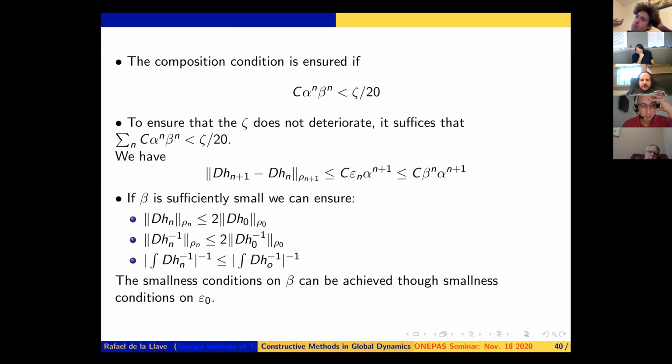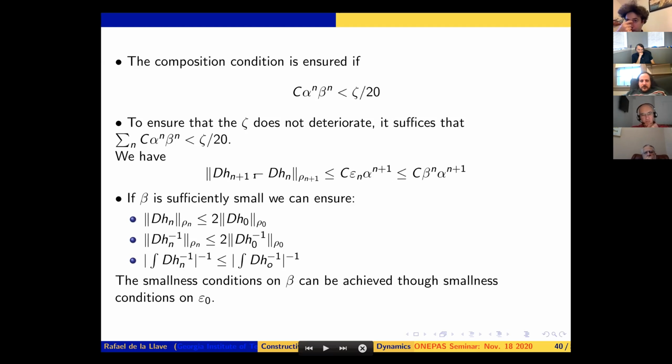Then you look at the corrections, and the composition condition is ensured if the error C alpha^n is less than or equal to whatever, which is one smallness condition in beta. And how much does the domain change? Well, it changes by something bounded by the size of the step, which is C alpha^n to the beta^n. So this amounts to another condition.